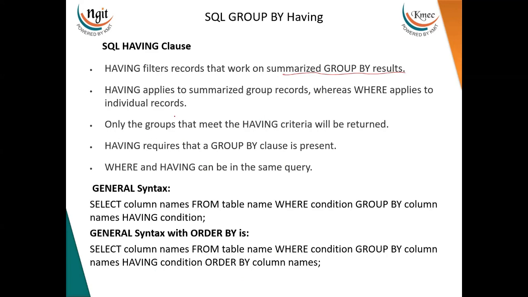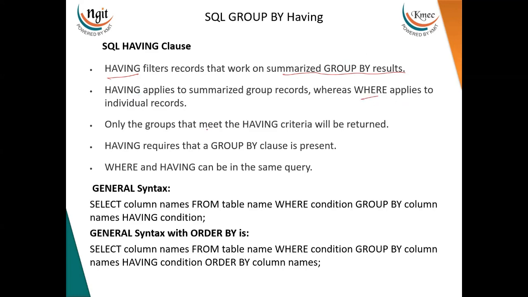Once again, I'm going to repeat. Having is a clause which is applied only to the resultant set when the group by clause is applied for a table. So it is very similar to the where clause. If you are using group by and you want to apply a condition on the resultant set, then we will be using having, but not where.